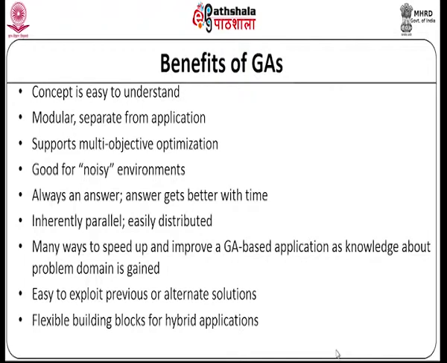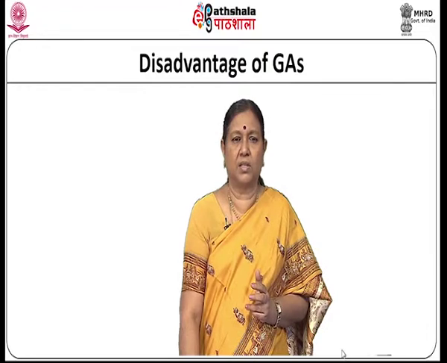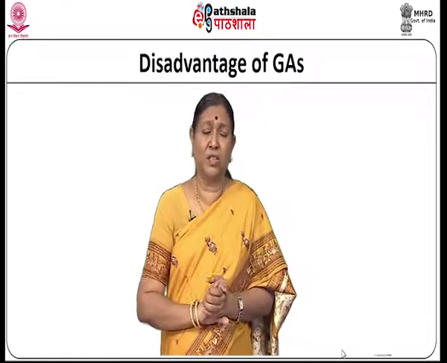Some of the benefits of GA technology are that it is modular, it supports multi-objective optimization, it supports noisy environments, it suits incremental learning, and it is parallelizable. So, all these are some of the benefits of GA technology, it has a substantial history and a lot of people have used it. But does it not have disadvantages?